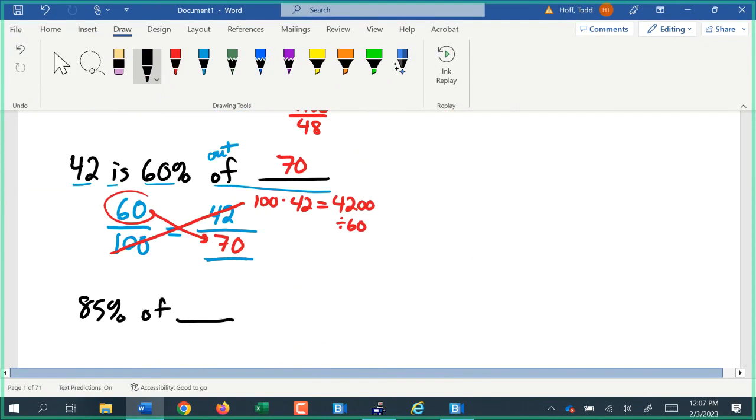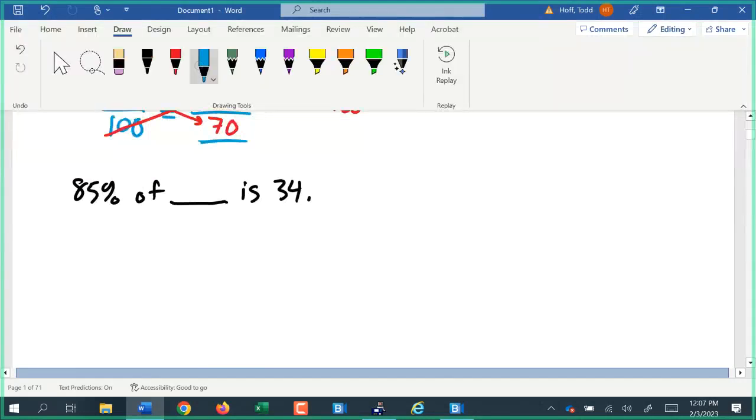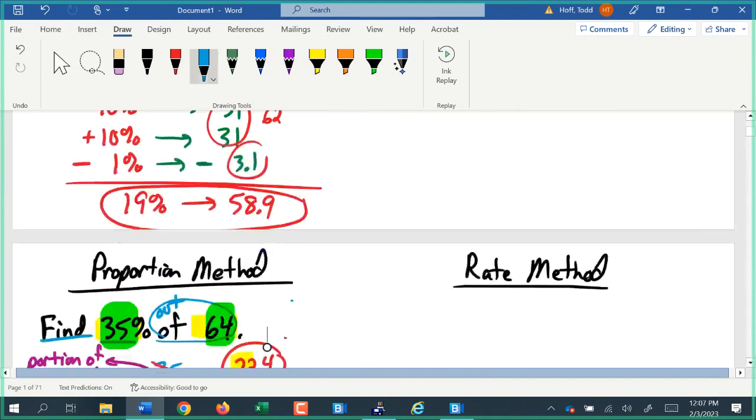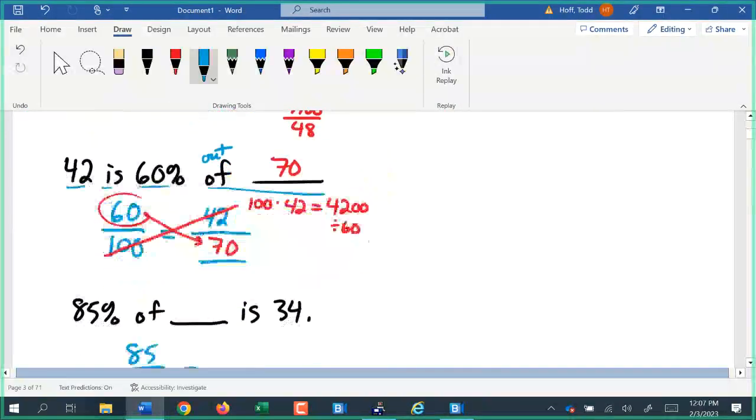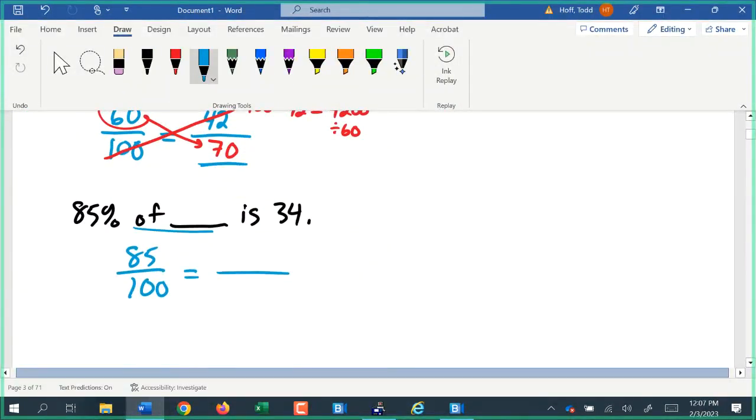We might have 85% of blank is 34. So here again, we have the percent. 85% is 85 out of 100, equals. Now again, we have to be careful to match everything up. Of blank, again, can be read as out of blank, implying that the blank goes on bottom. 85% is 34 implies that the 34 matches up with the 85.